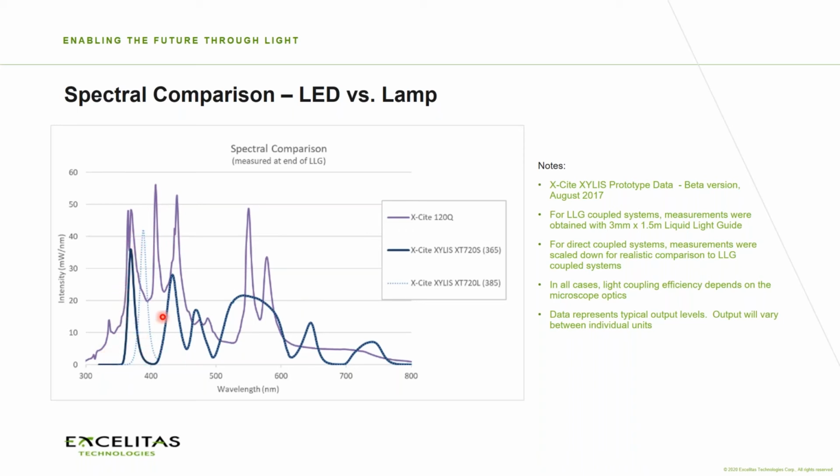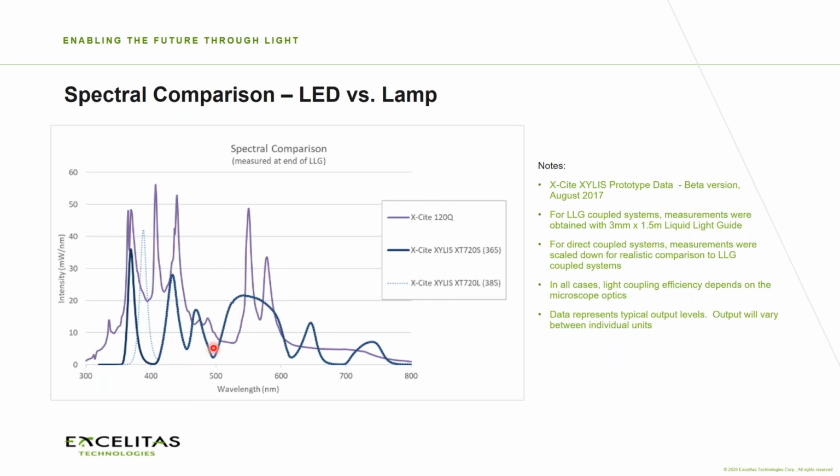And yes, you still have the mercury peaks that are very peaky, for lack of a different word. But if you look at the area under the curve of our 500 to 600, that is more than sufficient for exciting a lot of the fluorophores in this region.